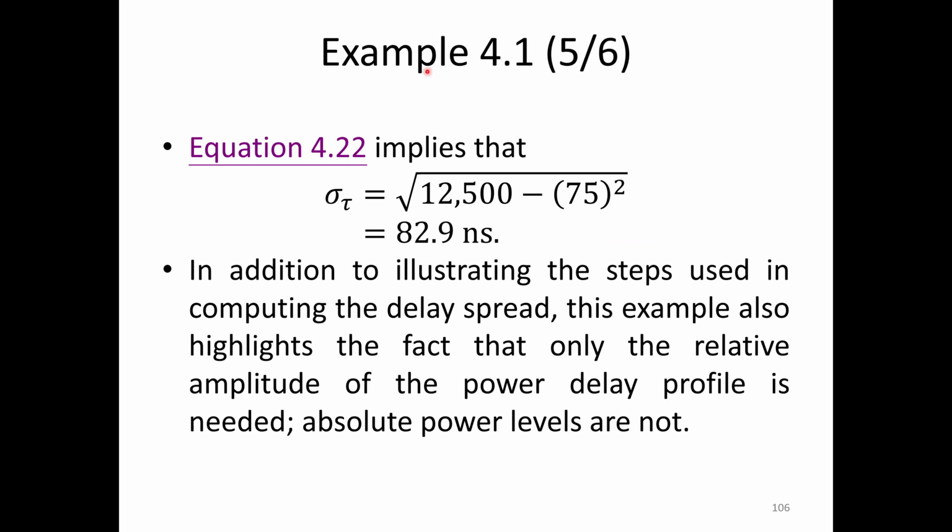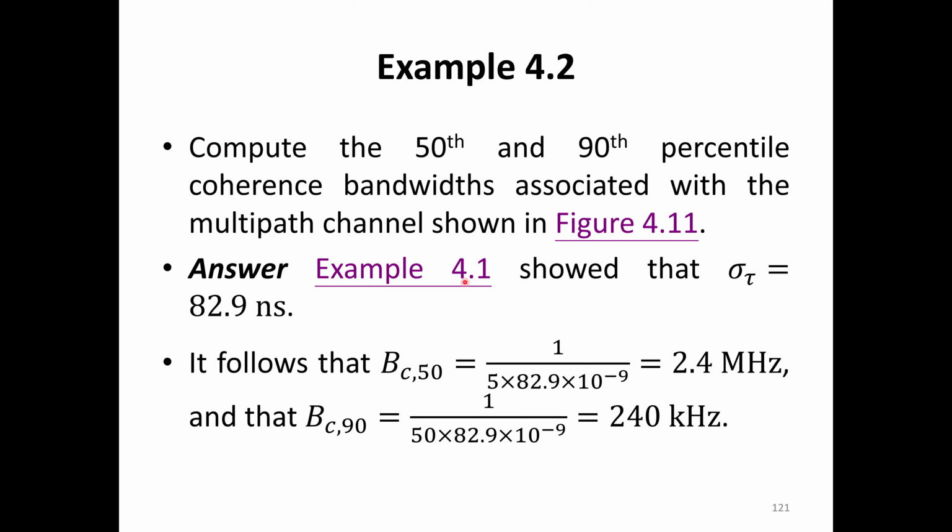In example 4.1, we can see that sigma tau, that is the RMS delay spread, is approximately 82.9 nanosecond. So example 4.1 showed that sigma tau is equal to 82.9 nanosecond.